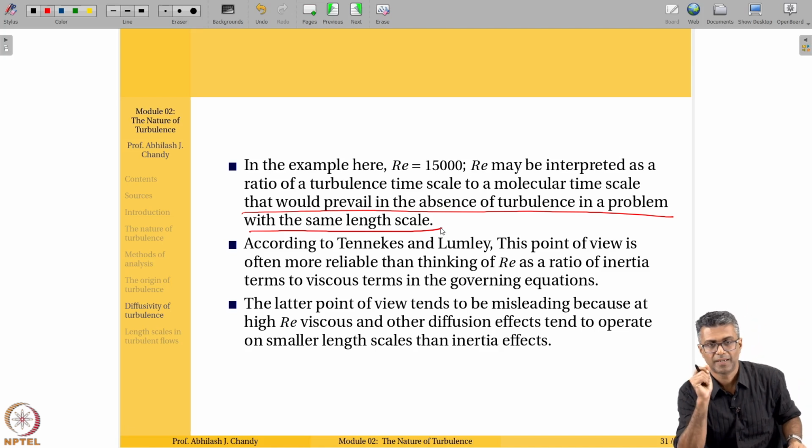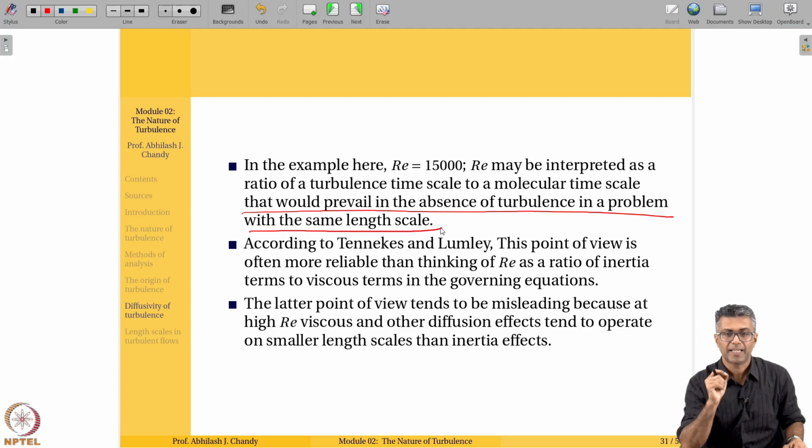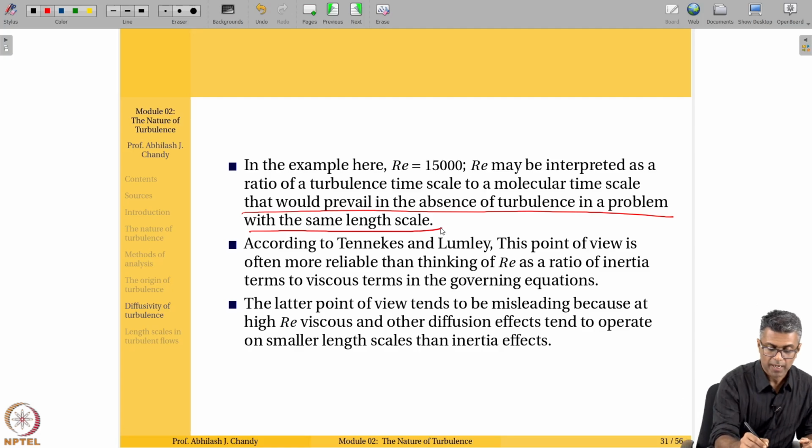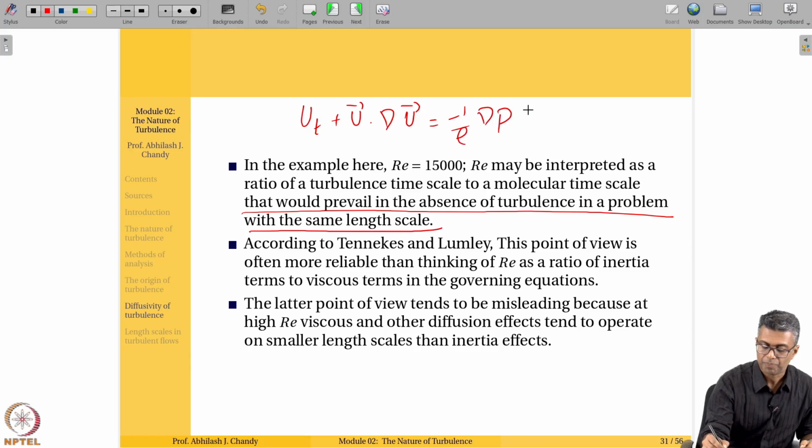Why is that? According to them, this ratio of inertia to the viscous terms comes from the Navier-Stokes equations. Again, I want to repeat this here: u dot del u is minus 1 over rho del p plus nu del squared u.